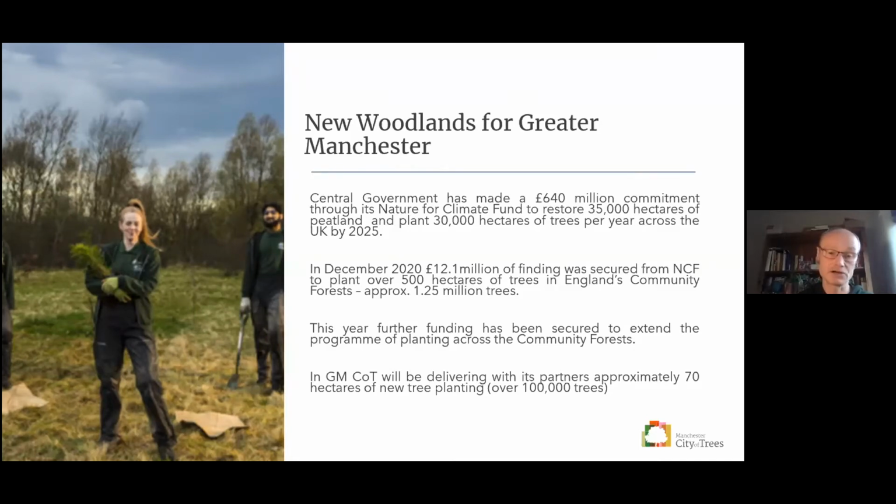So a huge target. It's going to take a lot of work, but we've been very lucky to benefit from that. And the community forest last year received from that pot of funding £12.1 million to deliver approximately 1.25 million trees. And I'm pleased to say that we've got further funding this year from that same pot of funding, and we'll be delivering around about 100,000 trees over 70 hectares.